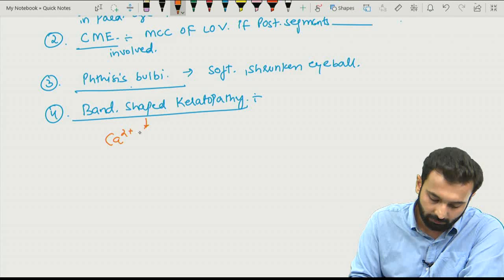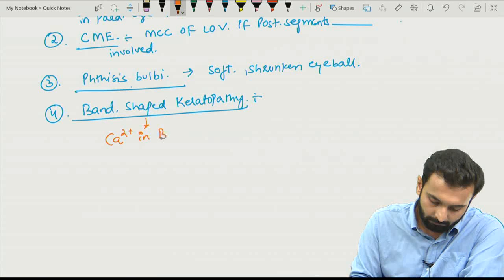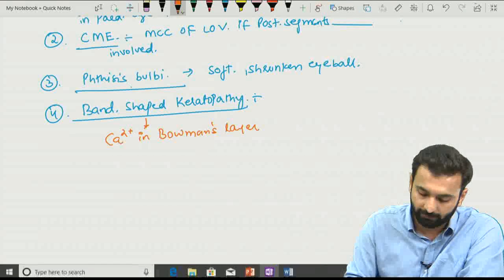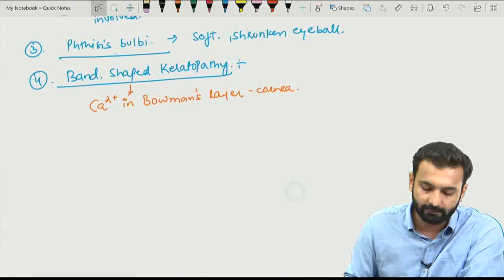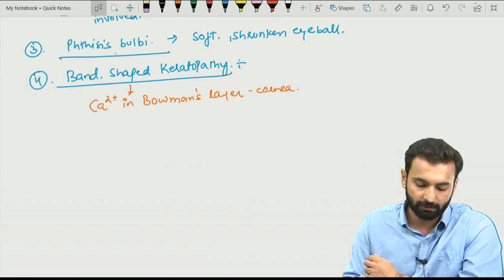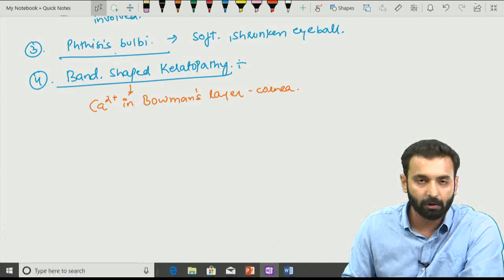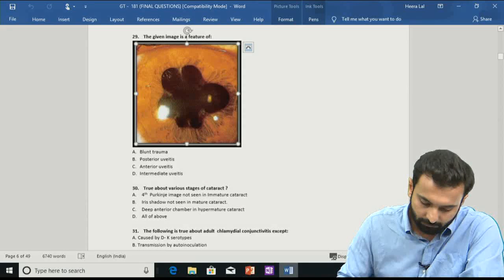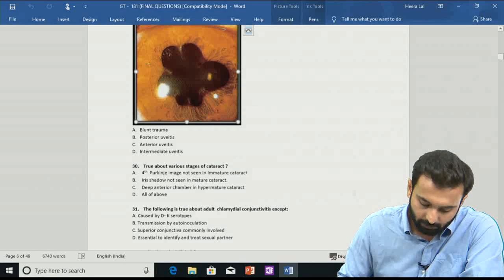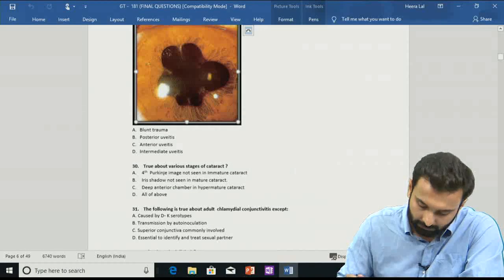Calcium ion deposition occurs in Bowman's layer of cornea. So this is all about uveitis that you should keep in mind while solving this question. Now coming to next question, question number 30.